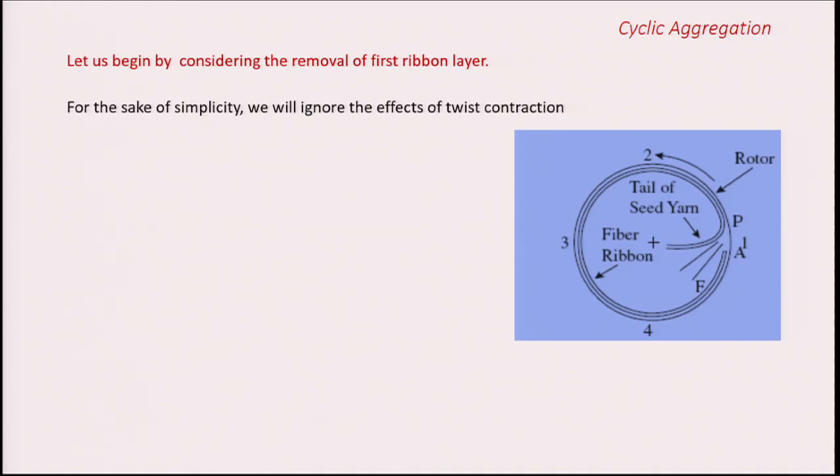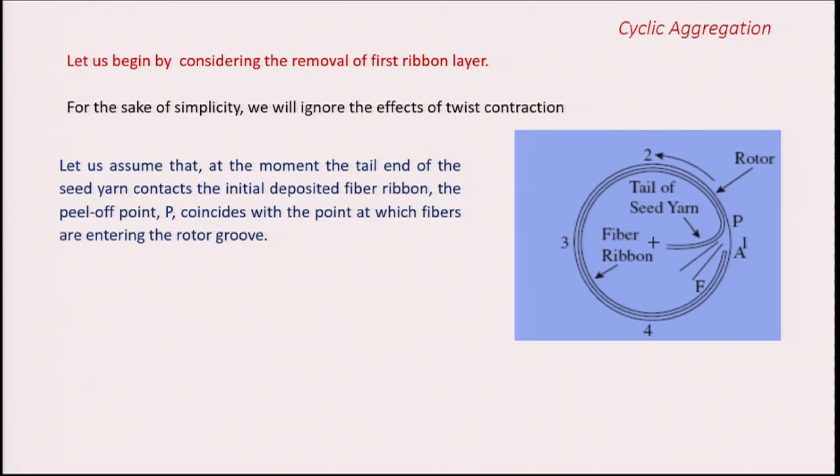So, the length of the yarn does not change as we twist. Then again, like shown in this drawing, at the instant the seed yarn touches the fiber assembly in the groove of the rotor, all these points P, A and F are at the same place.